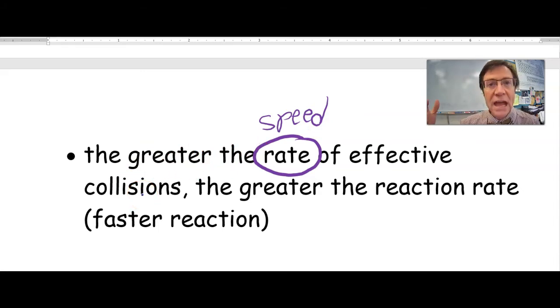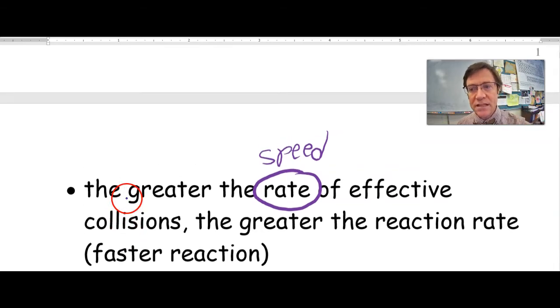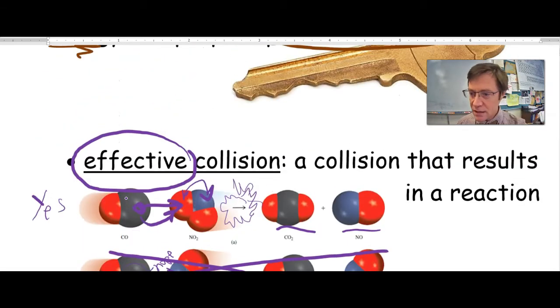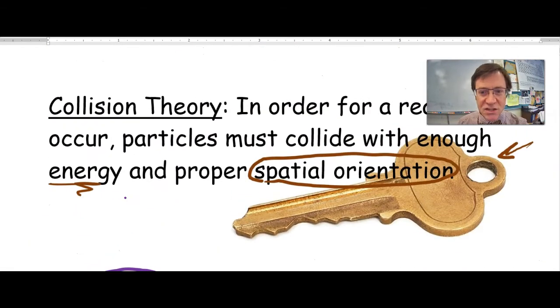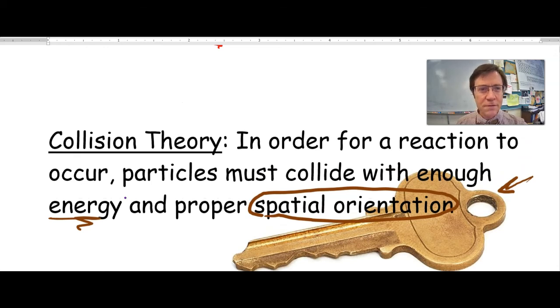So the more of these reactions you can create, the faster the chemical reaction is going to go. And if you want to make more effective collisions, let's come back up here to look at this for a minute. In fact, a collision that results in a reaction. But collision theory says that in order for that to happen, we're going to need spatial orientation and energy. So those are the two things that we need.